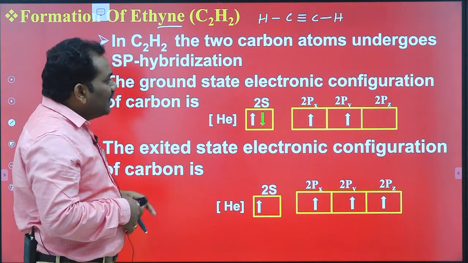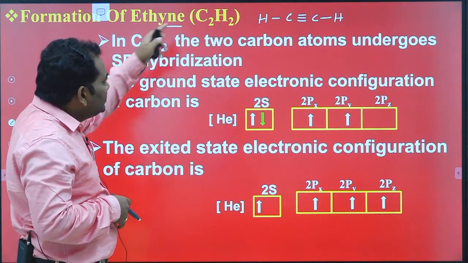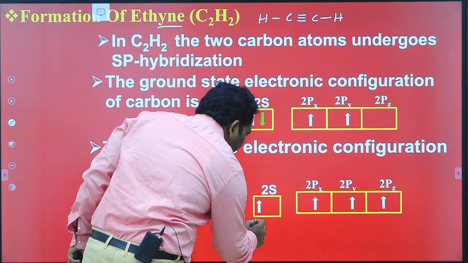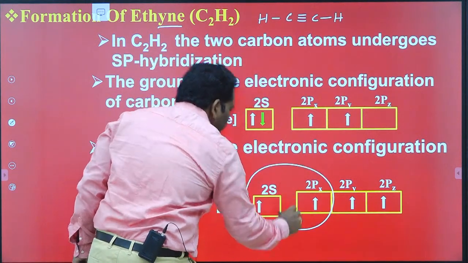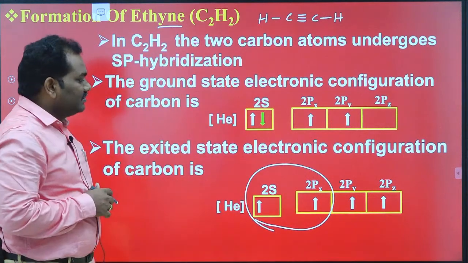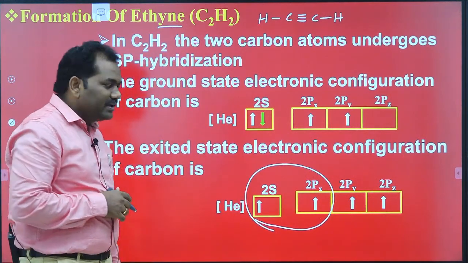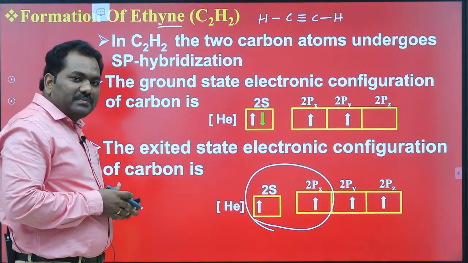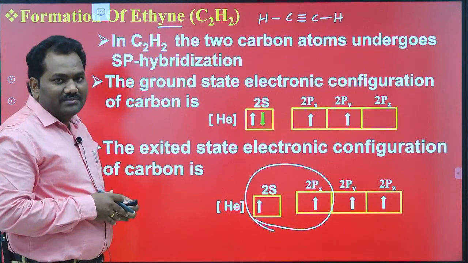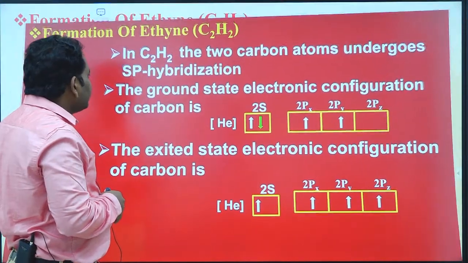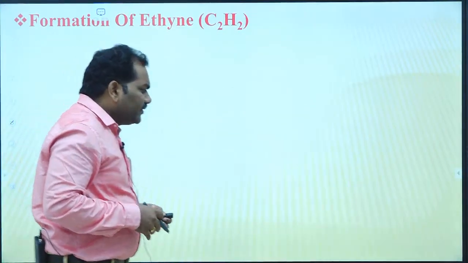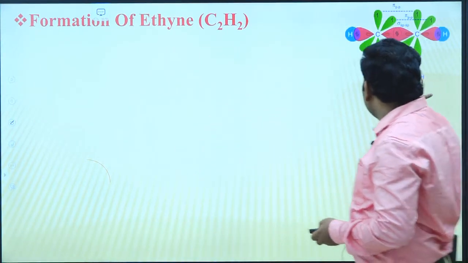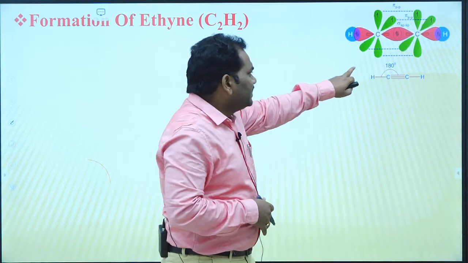Let's see how that hybridization takes place, how the 2s atomic orbital and the 2px orbital are involved in that hybridization. Let's observe how that takes place with the animation diagrams. This is the structure of acetylene.